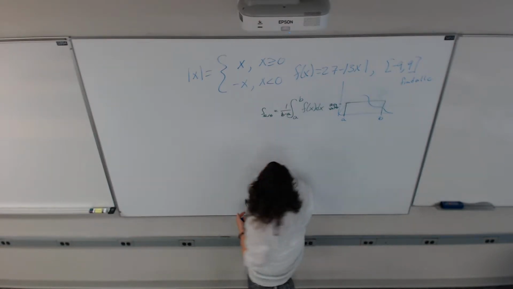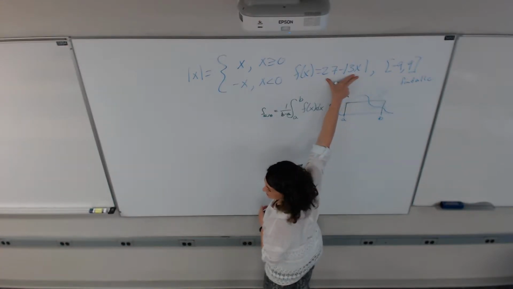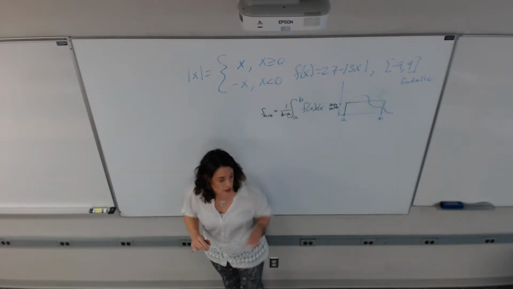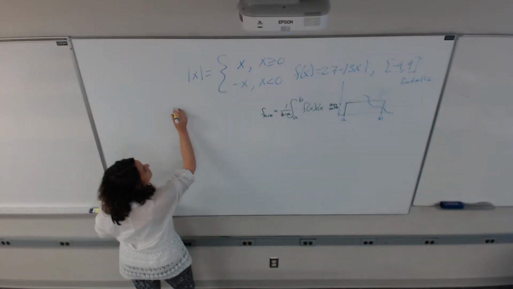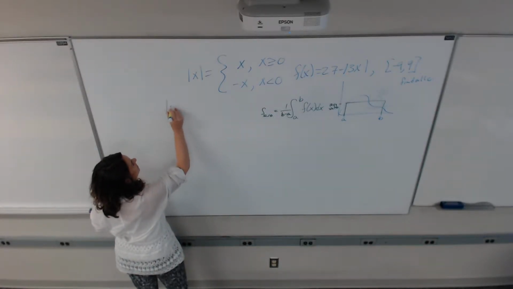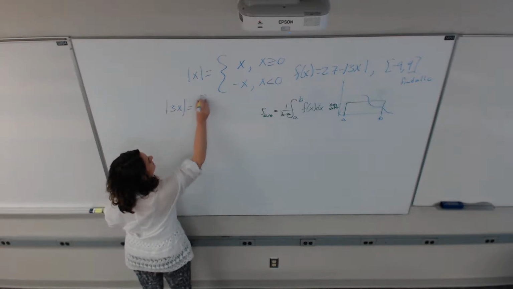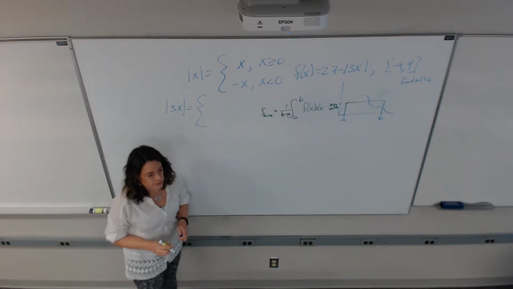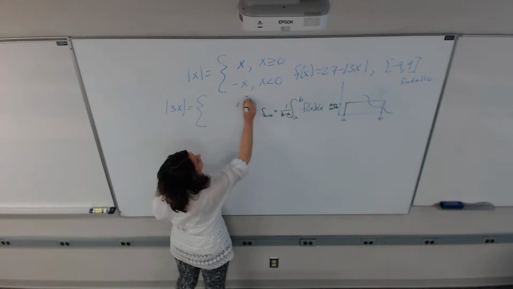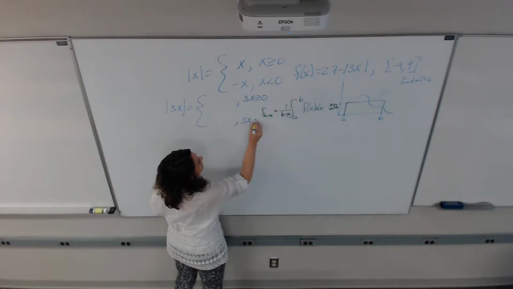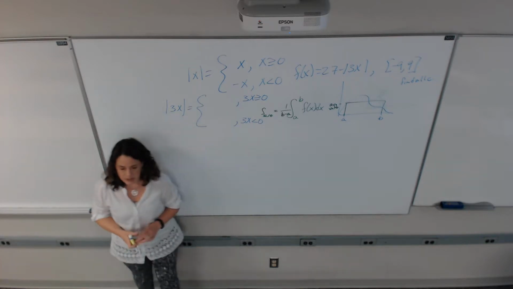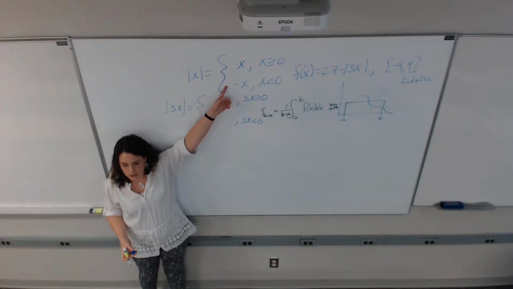So now we're going to rewrite this function in terms of the absolute value definition. The first thing I'm going to do is take the absolute value of 3x and rewrite that one. If 3x is greater than 0, I'll do that. If 3x is less than 0, I'll do this. What does the definition tell you to do?